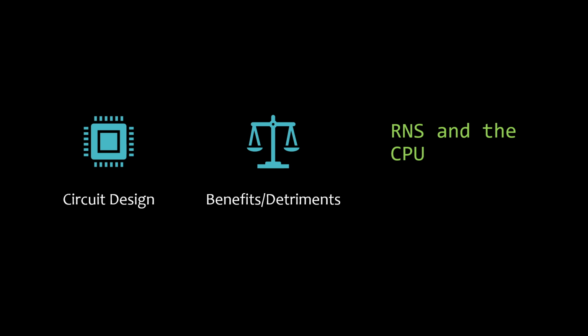But for branch instructions and other instructions that require a specific point in memory to be accessed, this slows down the CPU because they have to take the RNS value and convert it back to a standard binary representation, and then it can be used.